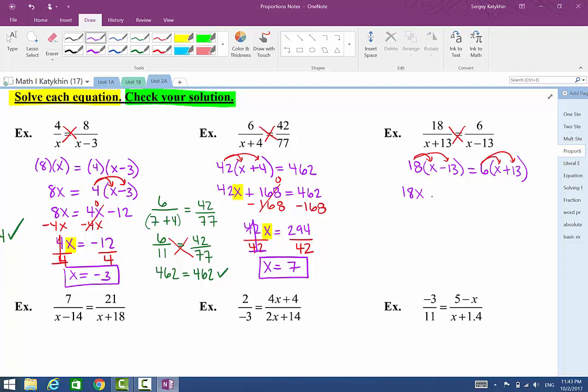So when we do that, that gives us negative 234. Now 6 times x would be 6x plus, and again when we take 13 times 6, notice here we have positive times a positive, and that gives us positive 78.